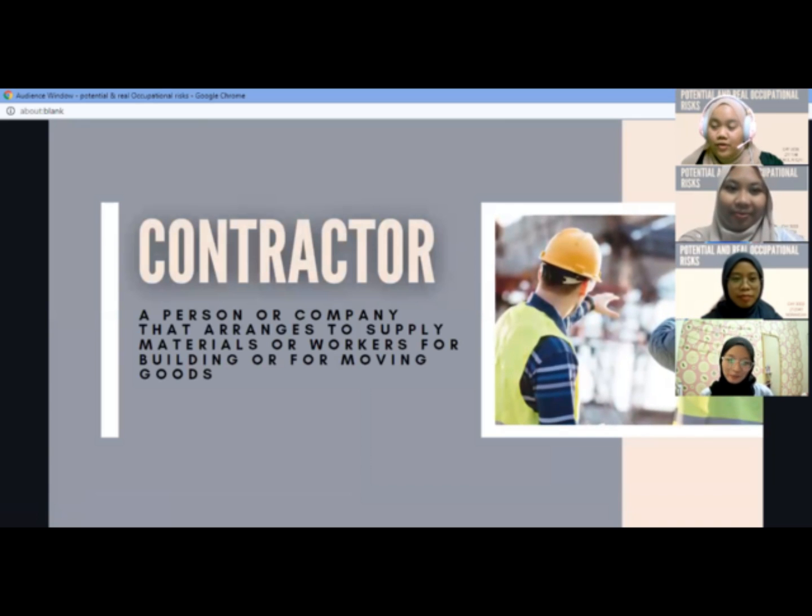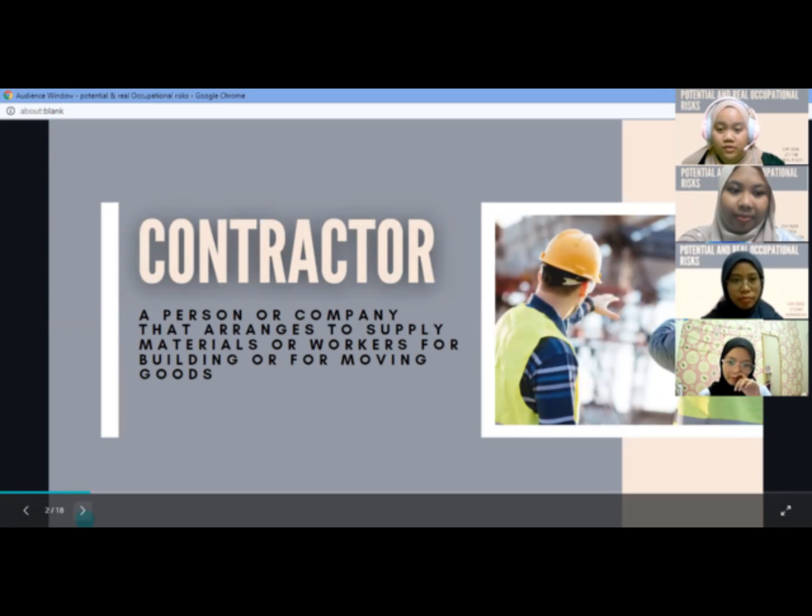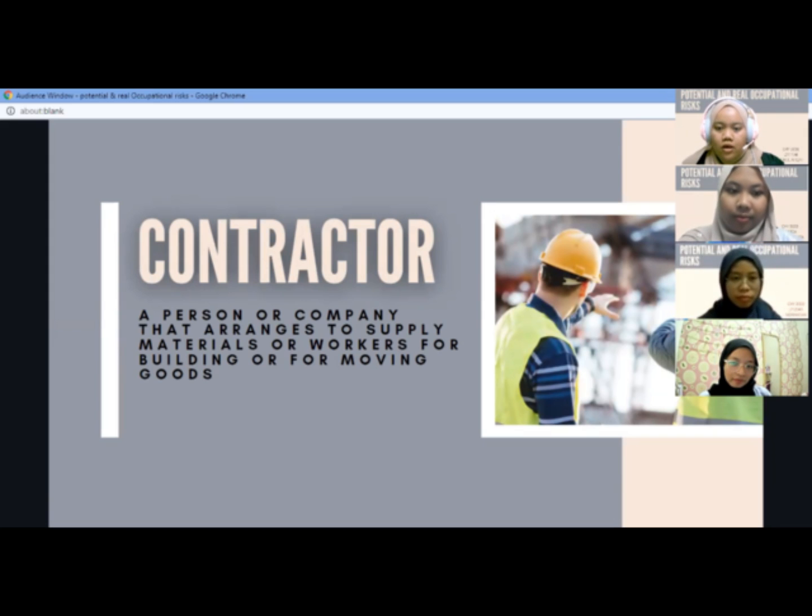Okay, for this start, we are going to talk about the contractor. As we know, a contractor is a person or company that arranges to supply materials or workers for building or for moving goods. There are a lot of types of contractors such as carpenter, electrician contractor, drywaller contractor, plastering contractor, and many more.